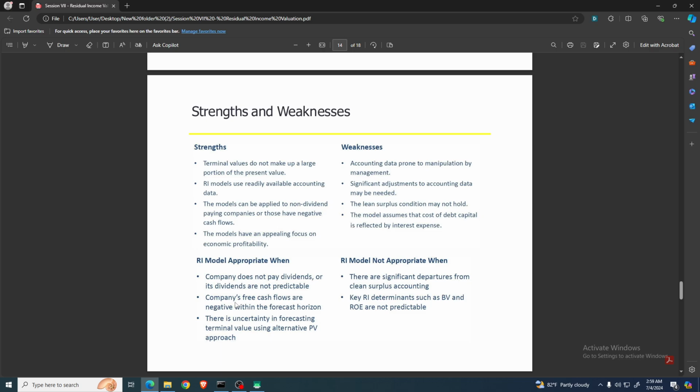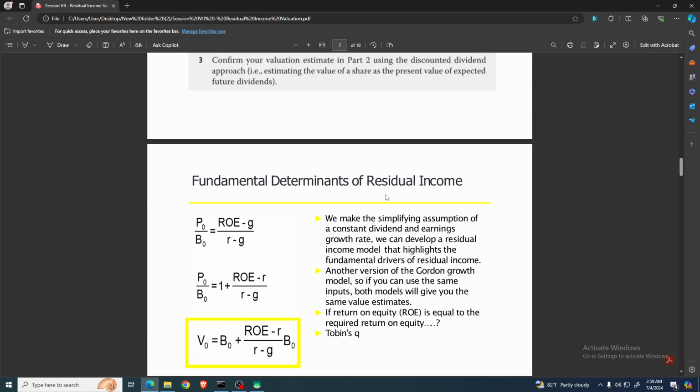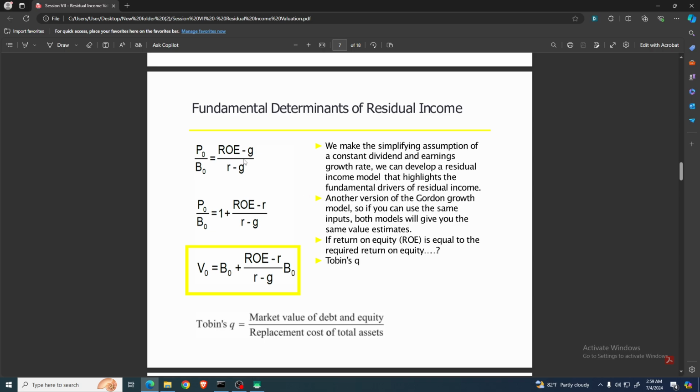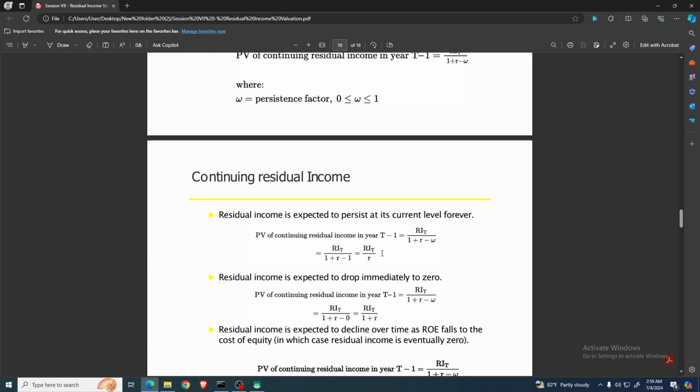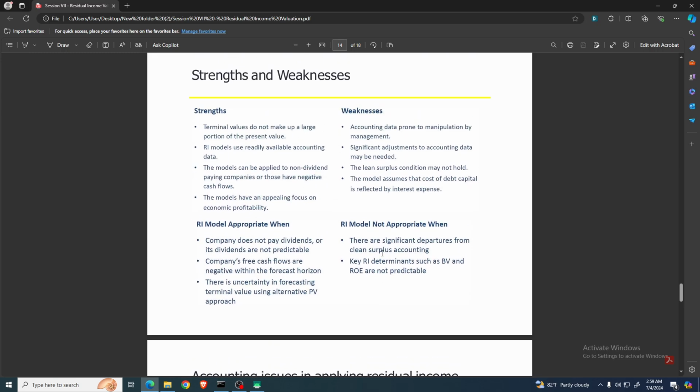All you wanted to play around or impact is the determinants of the residual income, which we have calculated here: return on equity, the constant growth rate, and the required rate of return. And yes, that's how terminal values could be a strength for residual income approach. What the advantage actually brings is this reduces the sensitivity of the valuation to terminal value assumptions, making the model less susceptible to errors in estimating the long-term growth rate.